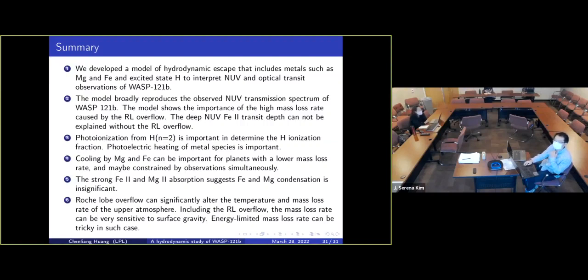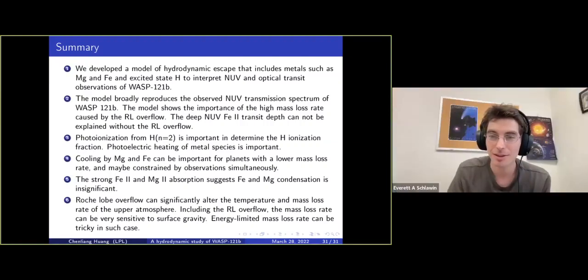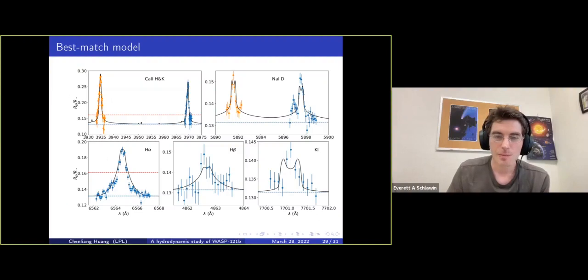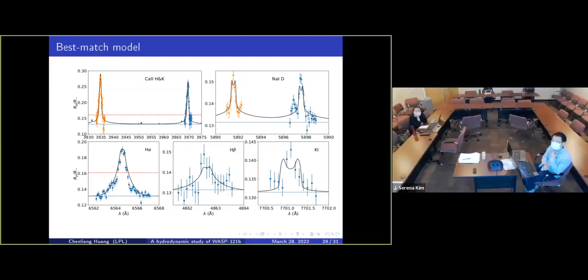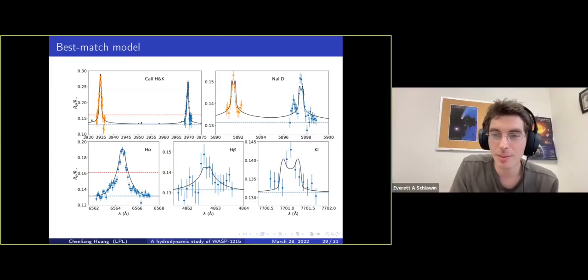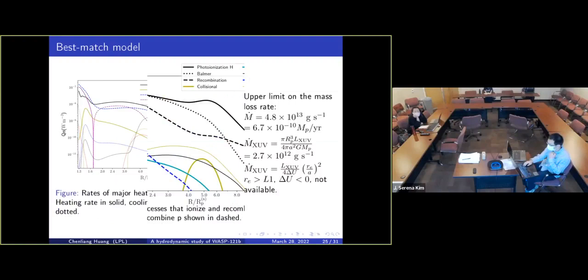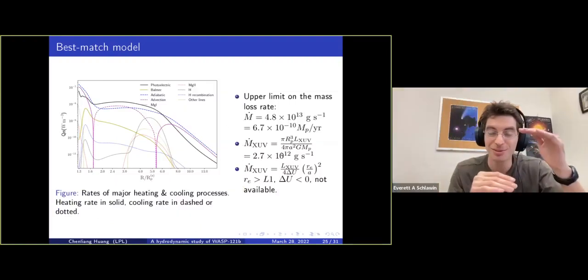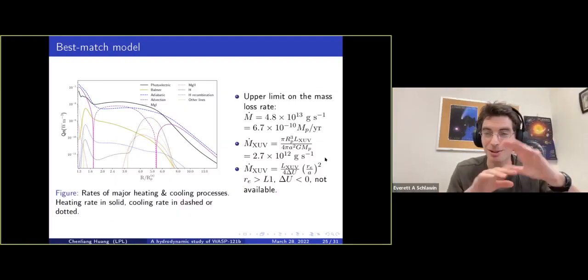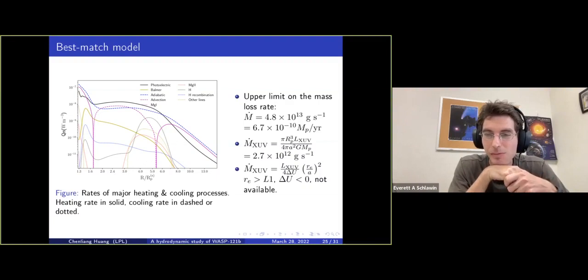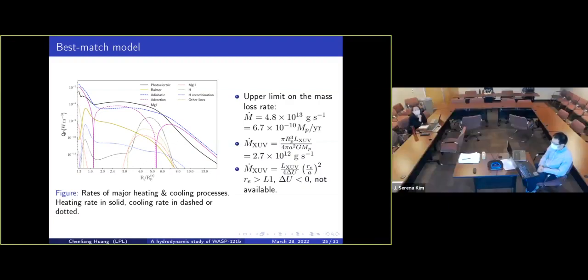I was just noting that the mass loss rate of the really simplified energy limit seems to bracket between your first model you showed, which was a 1D model not accounting for any Roche lobe, and the other, the maximum upper limit to the mass loss. It's somewhere in between those. It doesn't seem so terrible, even though it's so simple. I don't have more insight about that.